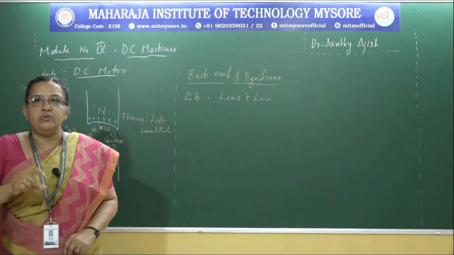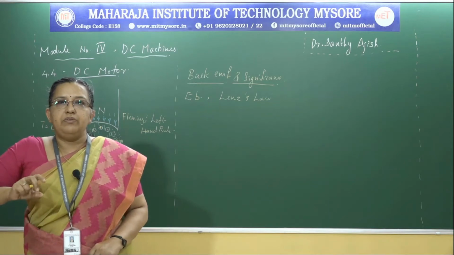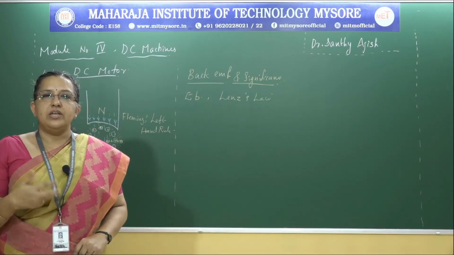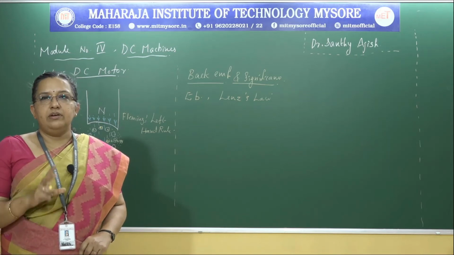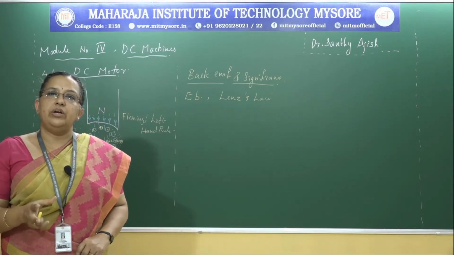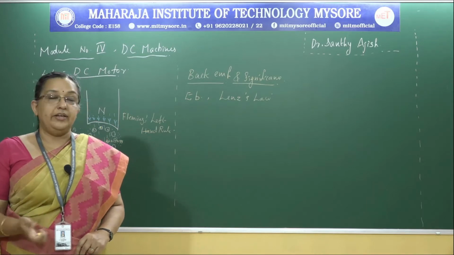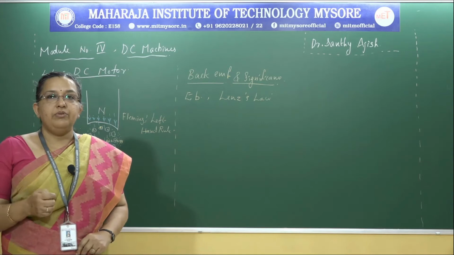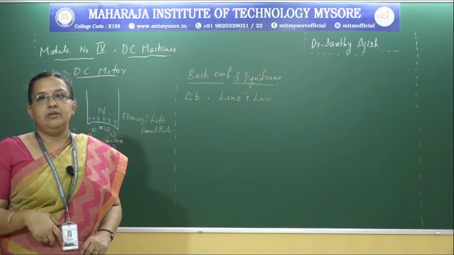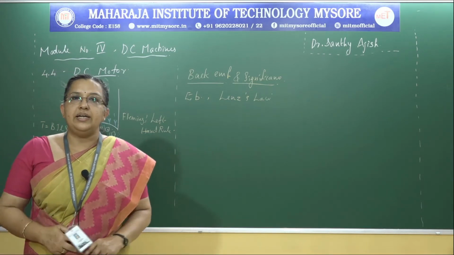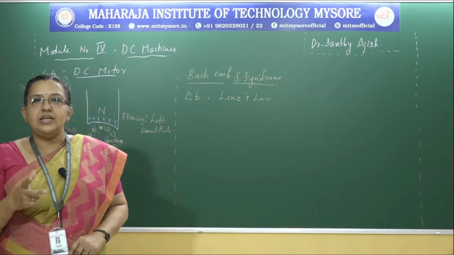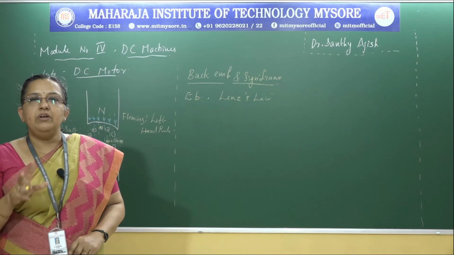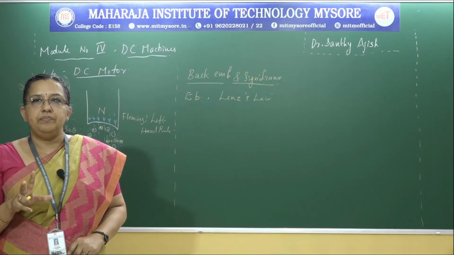I hope you understood what back EMF is: the EMF which is produced in a motor when the motor starts rotating, as the condition is similar to that of a generator. Now we have to see its significance. At starting a motor, what happens to the speed of the motor? The speed of the motor is very, very less.